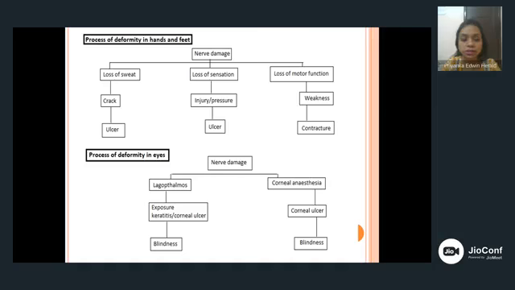That is called lagophthalmos, which can cause exposure keratitis or corneal ulcer, and later on it can develop blindness. And if the trigeminal nerve is affected, that can cause corneal anesthesia, which can cause corneal ulcer later on, and which can also develop blindness. So blindness is the secondary impairment or secondary disability caused by nerve damage of the face.